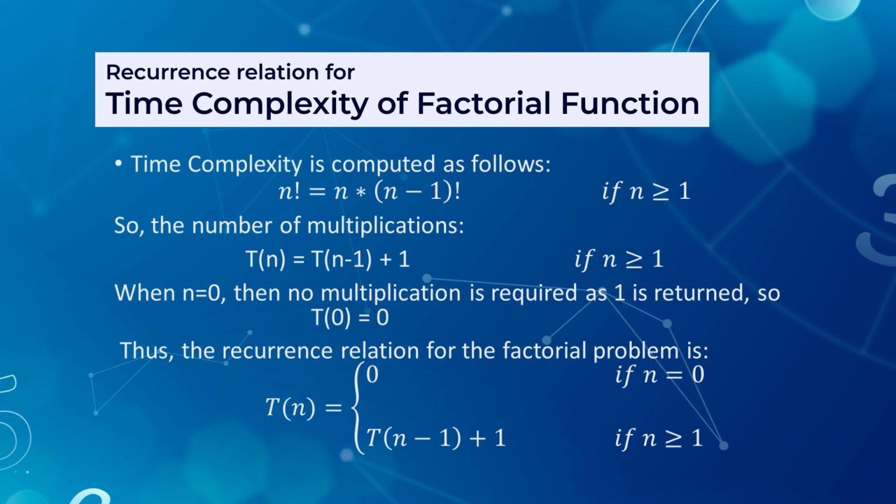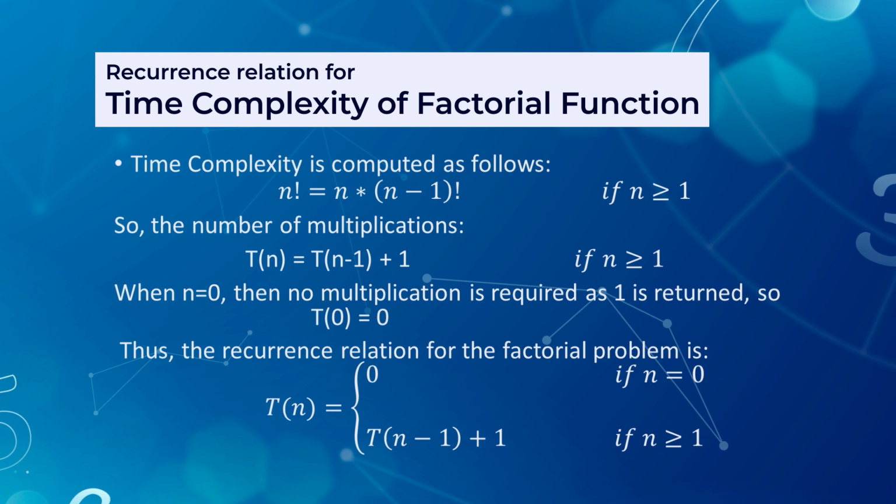If I say T(n) represents the number of multiplications required, then whatever multiplications are required for n minus 1, plus 1, for the multiplication which we have performed. This is how we are going to represent this.